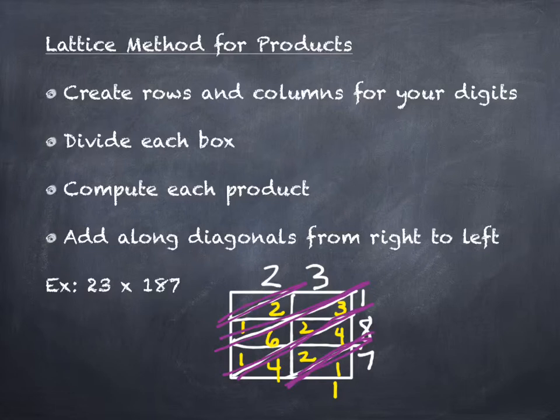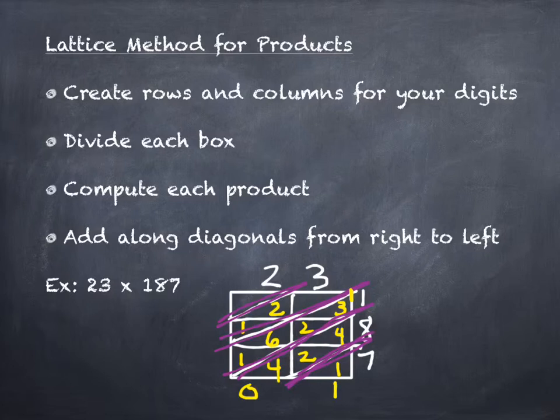Down here, I've got 4 plus 2 plus 4, which is 10. I'm going to write a 0 down here, and I'm going to carry the 1 to the next diagonal. So now I've got a 1, a 3, a 2, a 6, a 1. 13 is right.